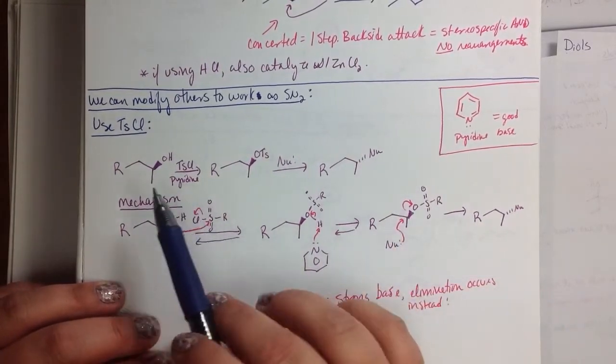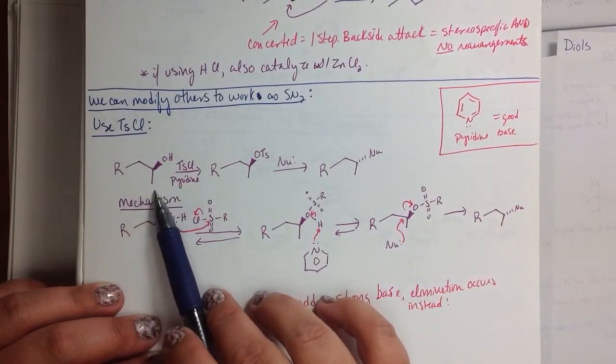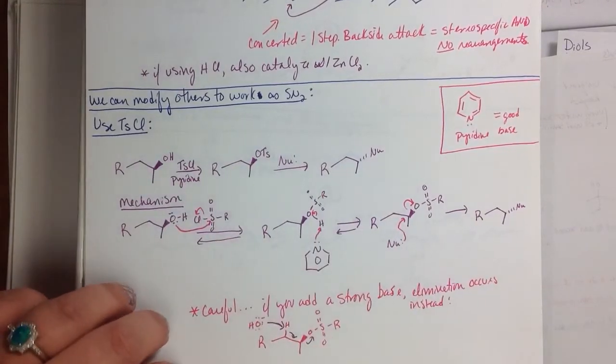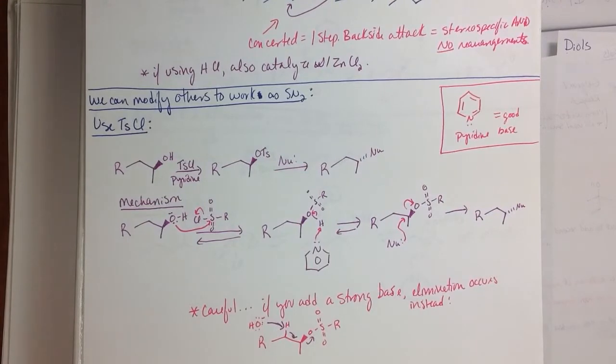So here we go. If you have an alcohol that is stereospecific, you definitely don't want to lose that stereospecificity. And so we try to use an SN2 type of arrangement because that will give you a stereospecific product.